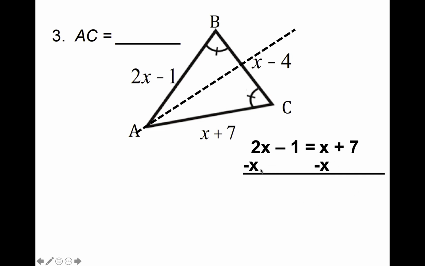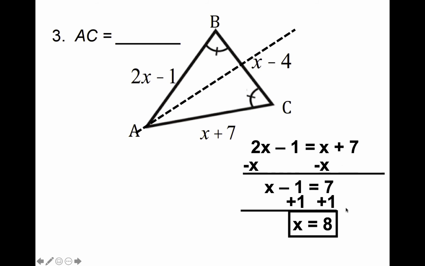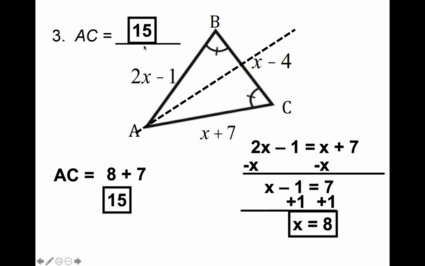So 2x minus x is x, minus 1 equals 7. Add the 1, x equals 8. But notice it's not asking for x, it's asking for the length of AC. So AC is x plus 7, so it'll be 8 plus 7, which is 15. So the length of AC is 15.